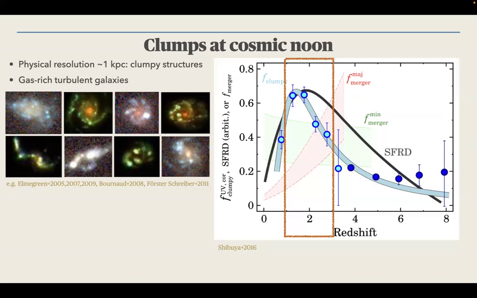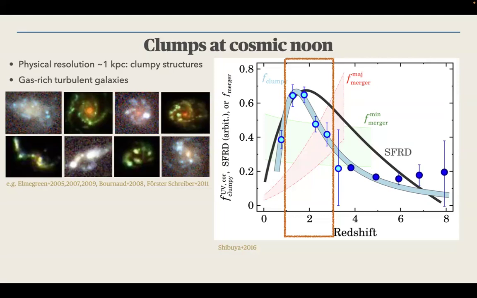And actually, what happened with JWST is that looking at galaxies at cosmic noon, they seem to be dominated by the presence of these bright clumps that we see in the galaxies I'm showing here. In particular, the blue curve in the plot is the fraction of clumpy galaxies, so how many galaxies have at least one very bright UV clump.